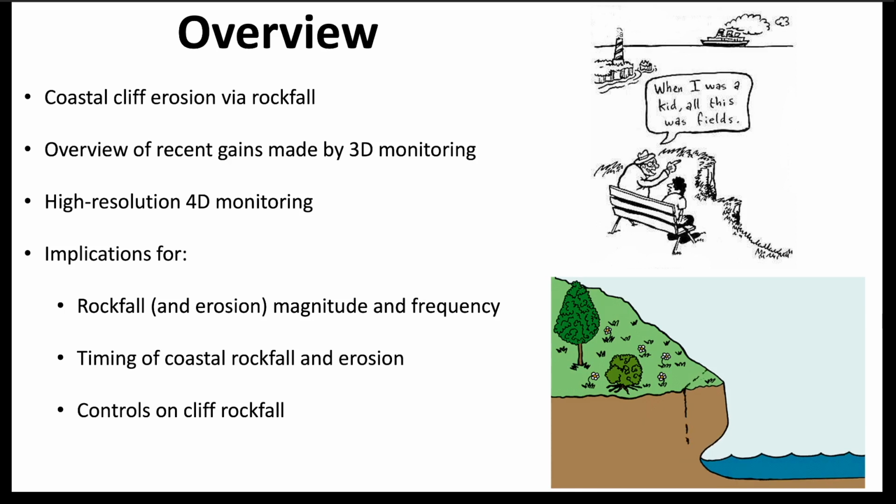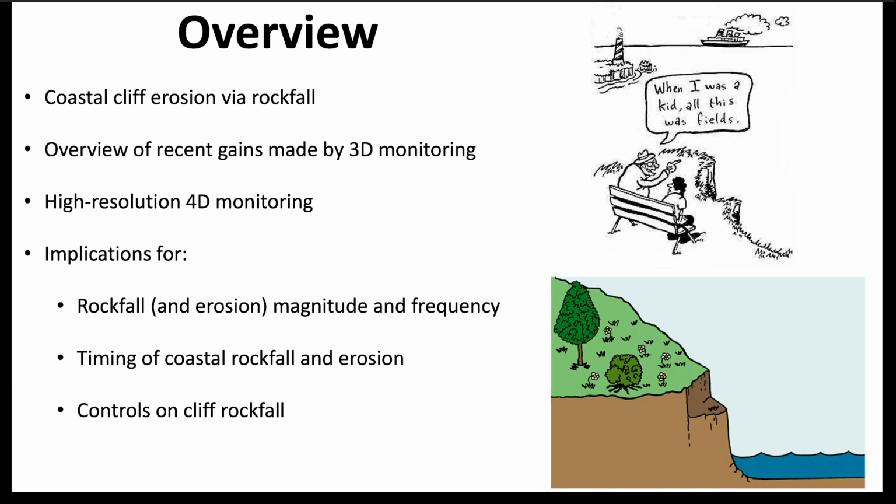One potential problem of this kind of approach is that the processes in action and the changes that are experienced on the cliff face itself are essentially invisible from this aerial perspective. And so to some degree, our understanding of how cliffs change and why and what controls this might have been influenced by the way in which we've monitored them.